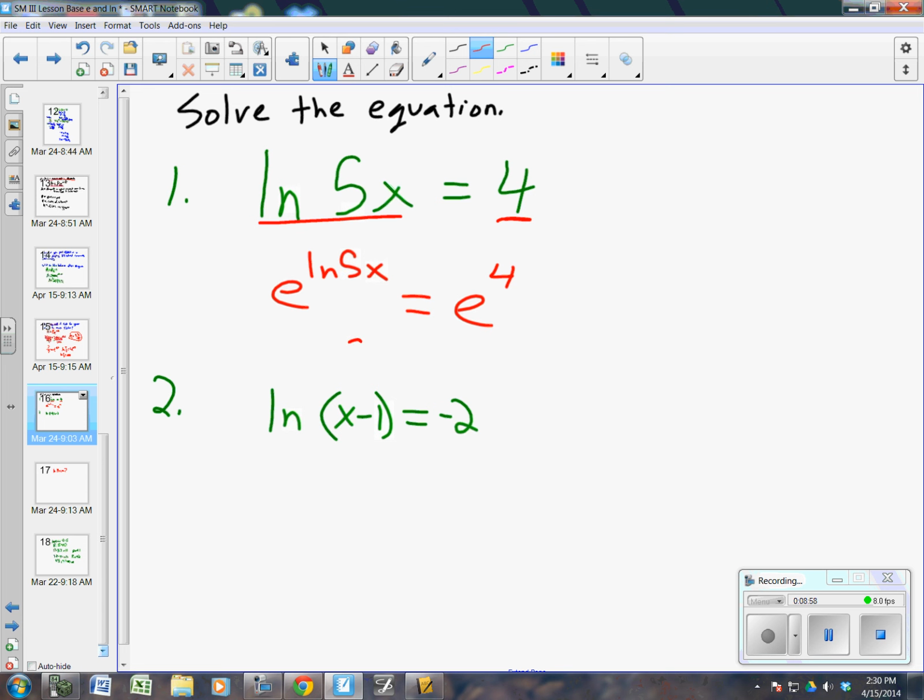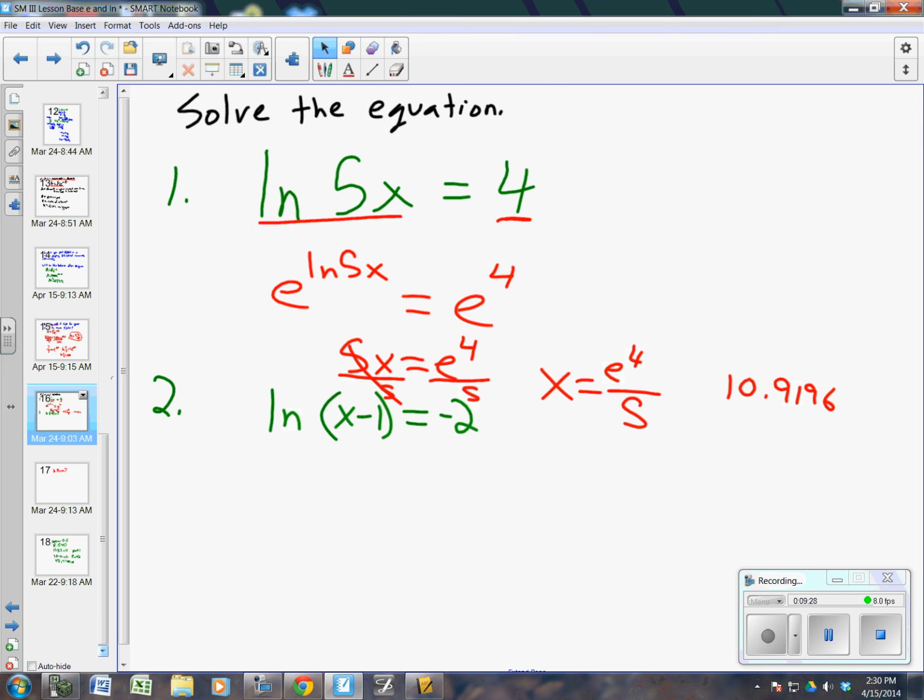It's equal to 5x. Equals e to the 4th, and what do I have left to do to get x by itself? Divide by 5. So x equals e to the 4th over 5. Put that in your calculator and tell us what x is. 10 point what? 10.9196. Okay. See if you can do the next one by yourself.